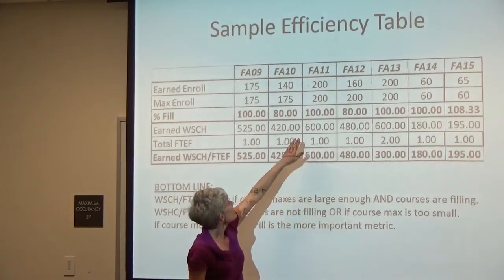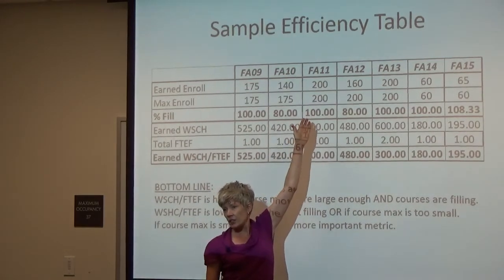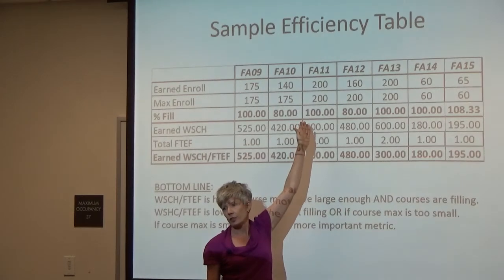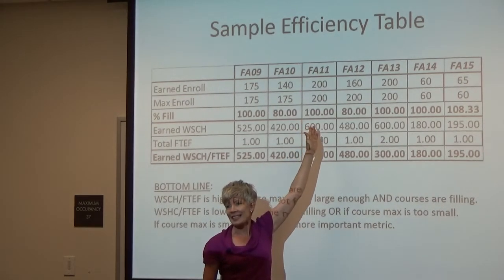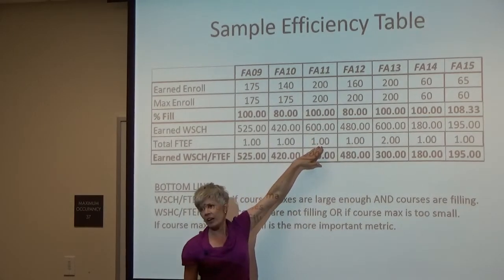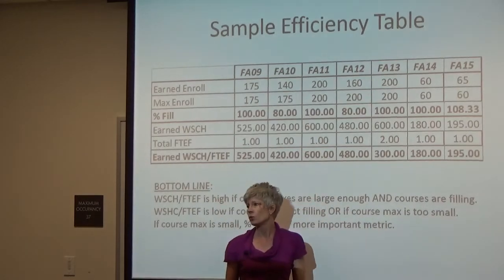So in the next example, here we have larger class sizes. So this is a year they increased, or maybe we're looking at a different department. They have larger class sizes. So with the same faculty load, we're offering courses where we can seat more students.